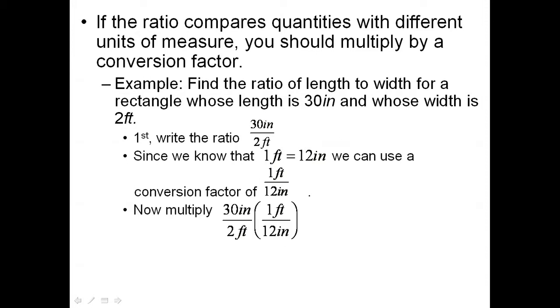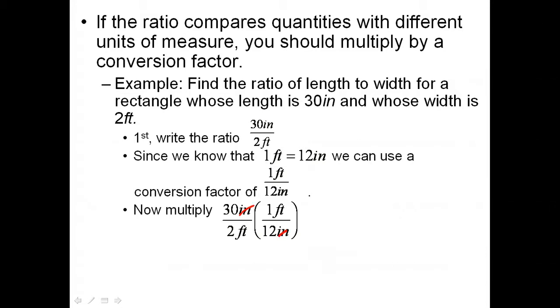We know if I multiply the fraction we had, 30 inches over 2 feet, times a fraction that's equal to 1, then I should have equivalent fractions. Notice that since I had inches over feet here, in my conversion factor I put feet over inches.